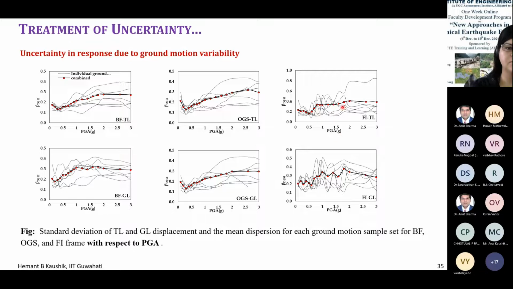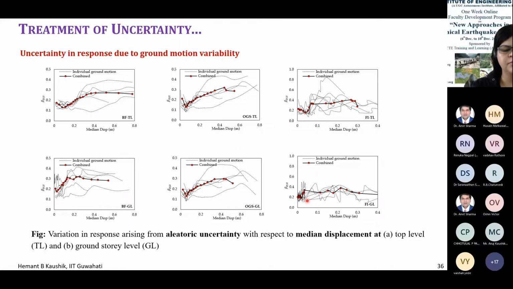And what are the values that you generally expect for the beta D that we'll discuss later? But from here you can say it is varying from maybe 1.5 to 3 for bare frame top level, and for OGS the variation is different. For fully infilled also the variation is different.